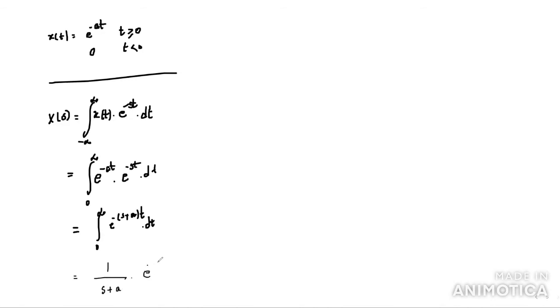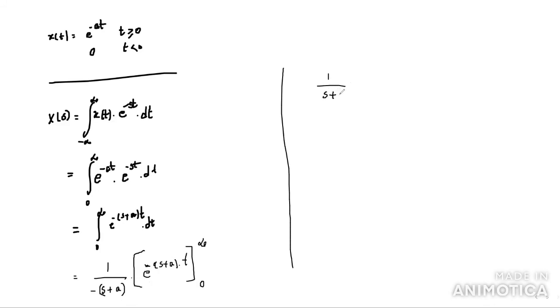e power minus, yes, we will have a minus here also. So e power minus s plus a into t over the limits 0 to infinity. If you substitute these limits here, we get 1 divided by s plus a into minus.